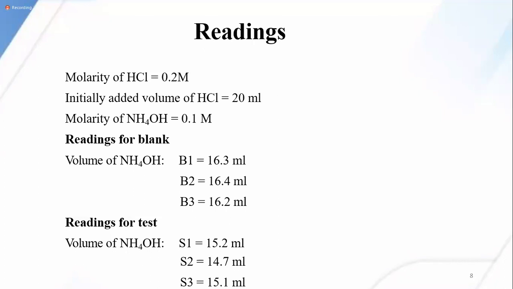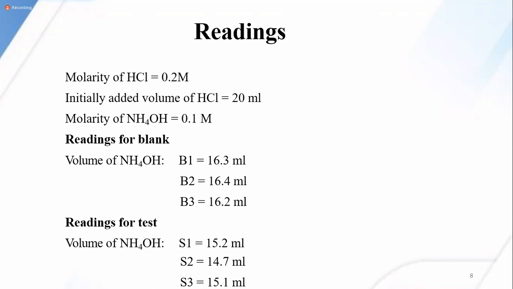Okay, so here you took around 0.2 M of HCl. The molarity of HCl is 0.2 M, that means 0.2 mol dm^-3. This volume is added to convert that oxide into chloride.